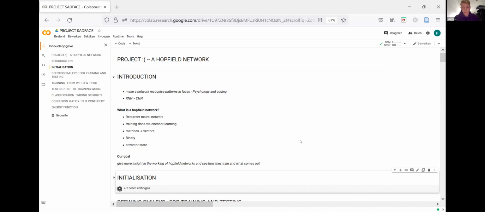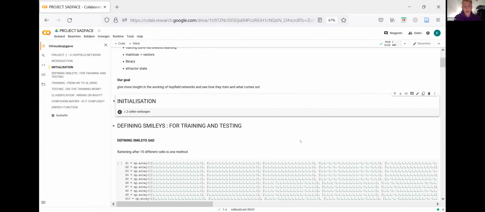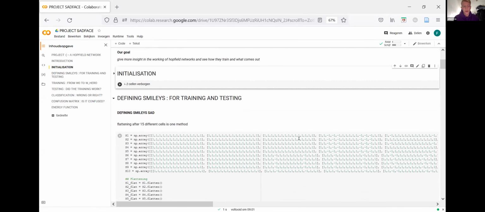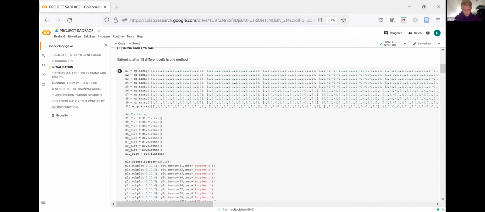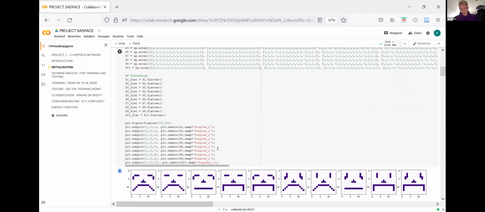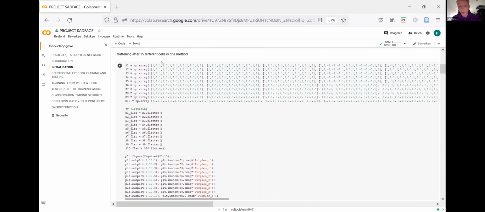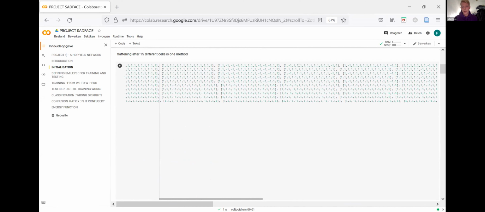So to start off, we will run the initialization, which is required to begin the project. And we begin with creating loads of smileys. Purple is my favorite color, and it will show you, so don't worry. We started off with making the smileys ourselves by hand with all the ones and the minus ones. Those are 15 rows of cells, 15 numbers each.